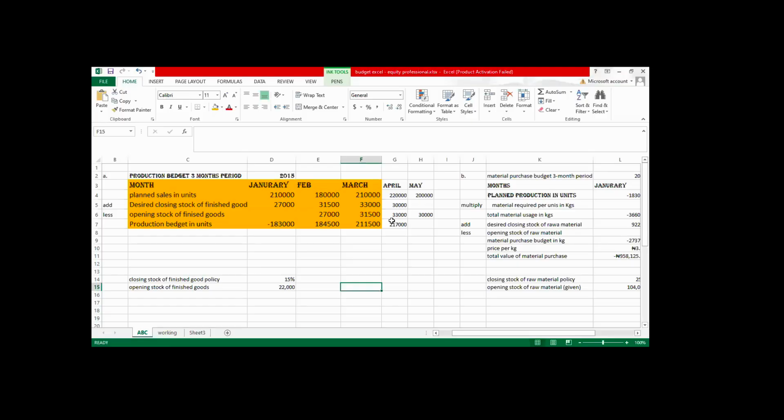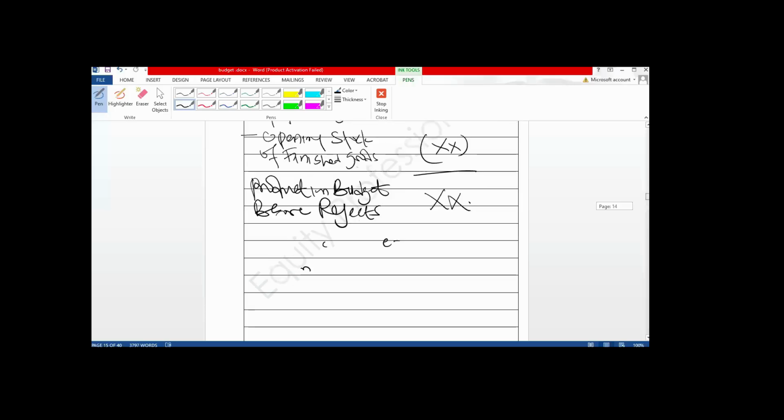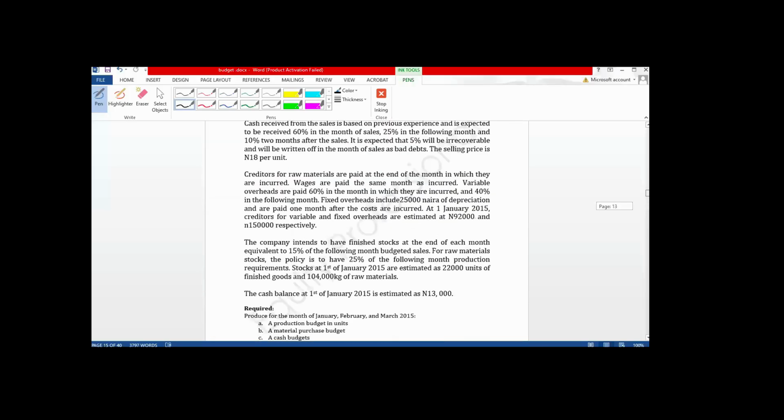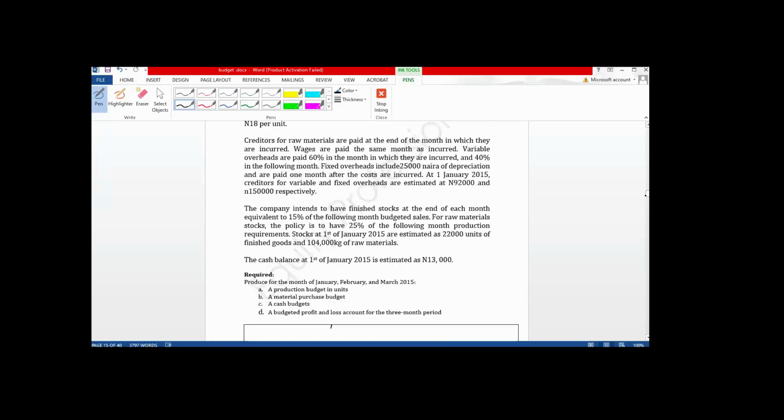We now come to opening stock. Let's go back to the question. Look at the last paragraph. Stock at 1st January 2015 are estimated to be 22,000 units of finished goods.